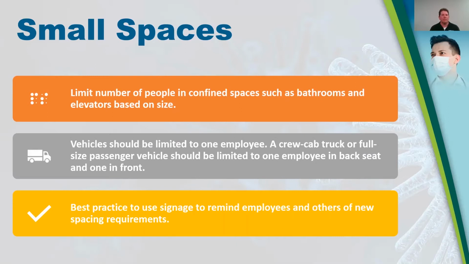Vehicles. If you have employees that are using company vehicles, if it's a regular 4-door vehicle or a hatchback, a smaller vehicle, try to limit the occupancy to one person in that vehicle. If you've got 4-door cars or crew cab pickups, and they're able to maintain an approximate 6 foot distance in that vehicle, then you can put 2 in there.